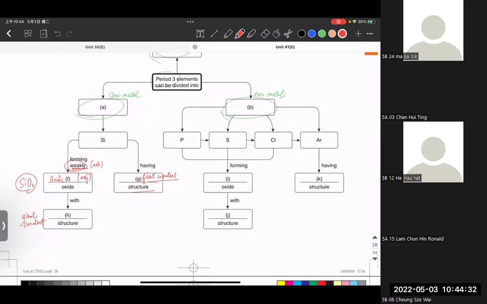And for the others, you may find the contribution: acidic, simple molecular structure. Yes, that's right. Acidic oxides will form a simple molecular structure. So to name a few, can anyone suggest the name or the formula of the oxide of phosphorus, sulfur, and chlorine?